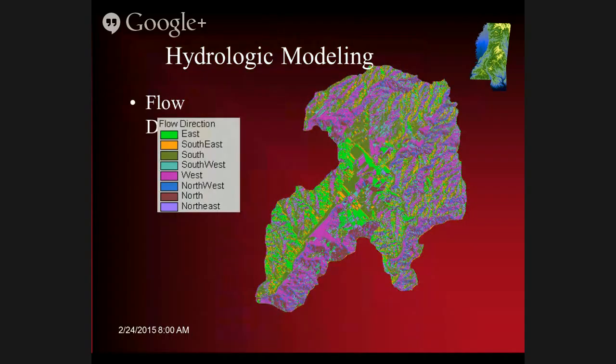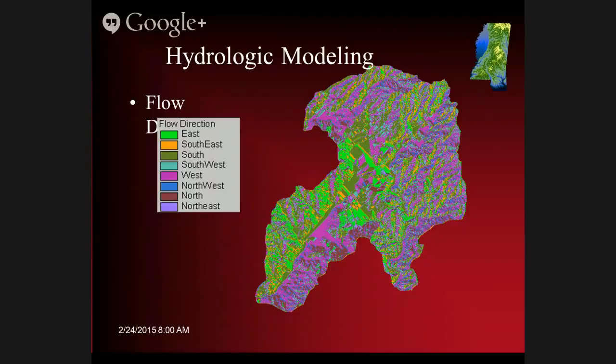So once this process is done, you get a map that looks like this. This is called the flow direction data set, showing you which direction each of the cells is flowing in.